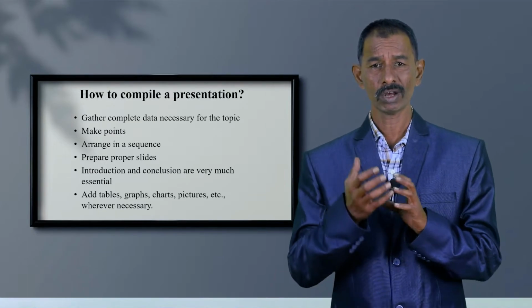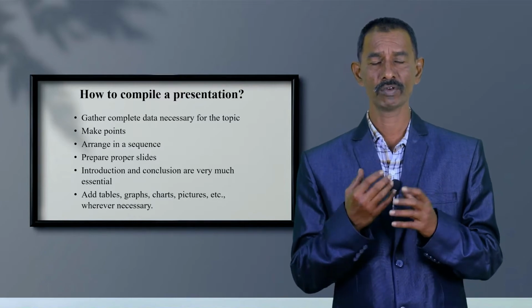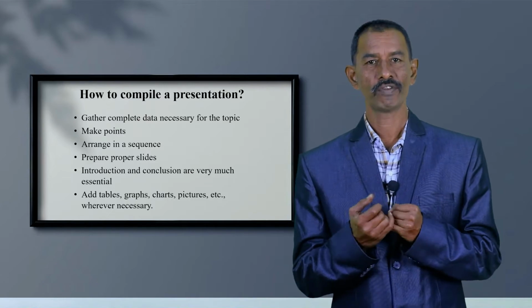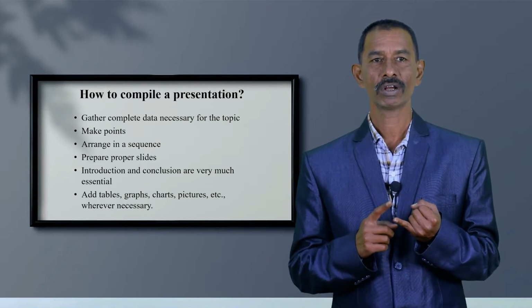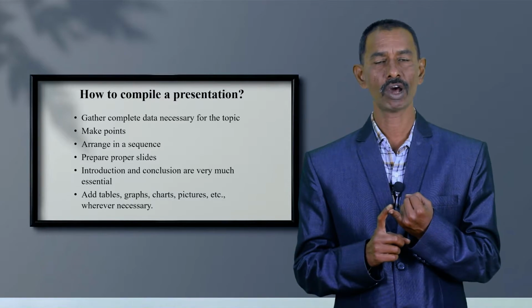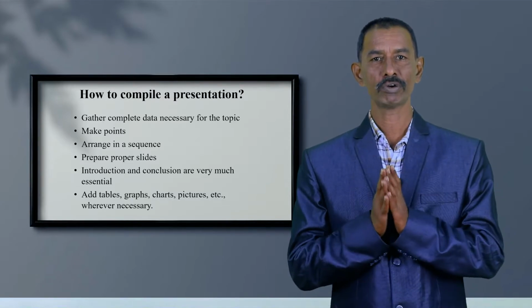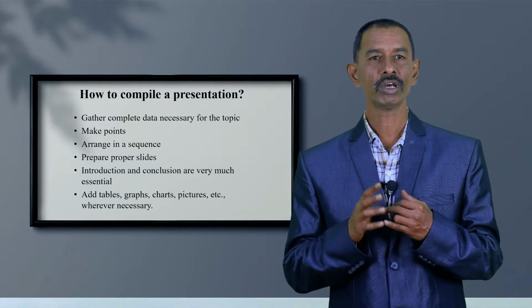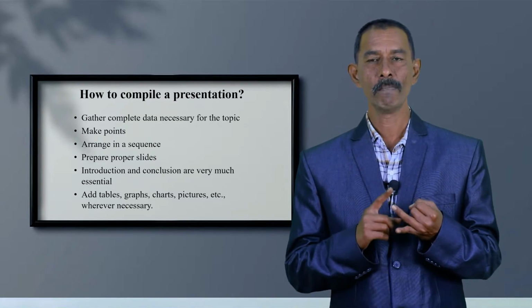Okay, now let us see how to compile a presentation. What are the main points we have to keep in mind when compiling a presentation? The first point is to gather complete data necessary for the topic. As much as possible, gather the data and present it in a proper way about the topic. Number two, make points.